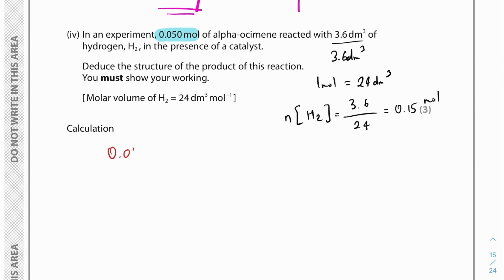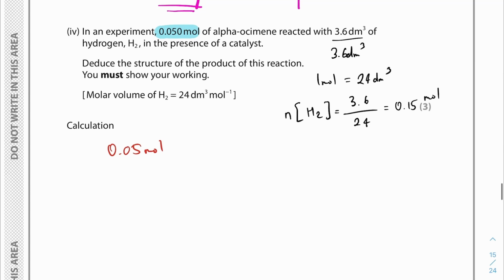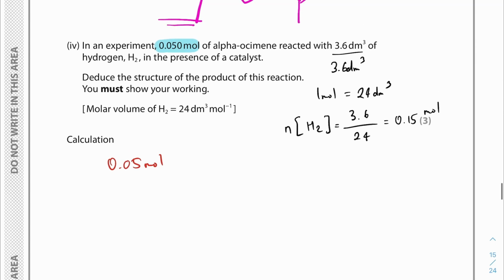We have 0.05 moles of the alpha oximine, right? And it reacts with 0.15 moles, so that's 3, right? When you compare it to 0.15 moles, we have a ratio of 1 to 3. So this alpha oximine is basically reacting with 3 moles of hydrogen in comparison.